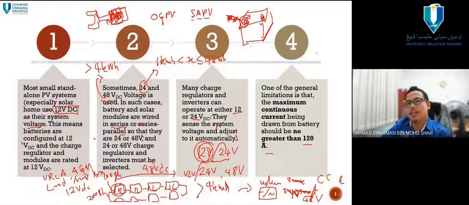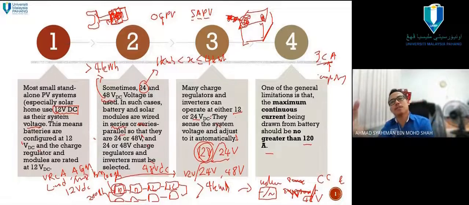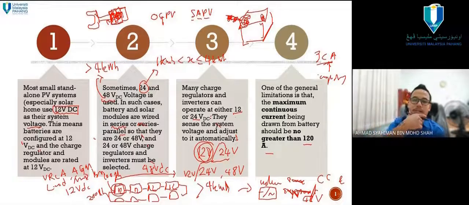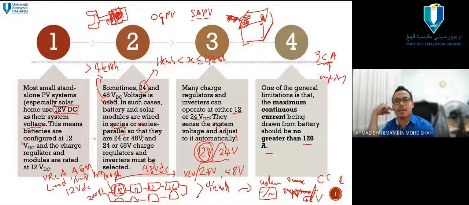Kalau lithium ion battery, if I'm not mistaken, 3C. C means capacity. So if the battery is 100 Ah, then it can discharge maximum 3C, 300 amps for the lithium ion. But for lead acid, they write here 120 amps, but still you need to make sure, please check again the data sheet.